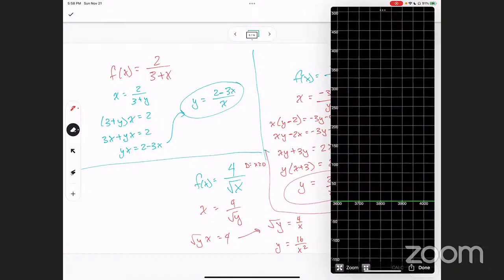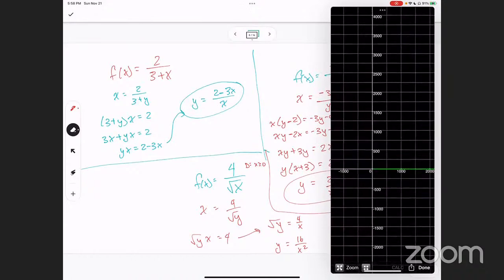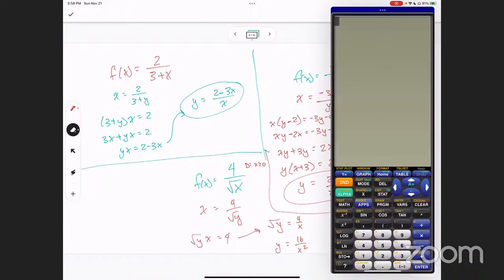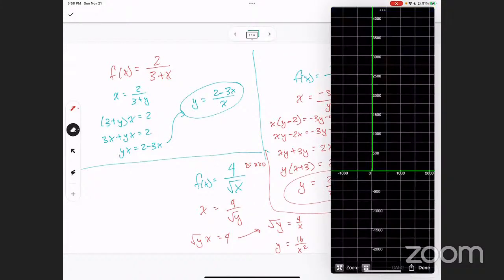So the inverse of that would be... let's make sure that the inverse is correct. Let's see if I plugged in this equation. Whoops, why did I do that? 16 divided by x squared graph.